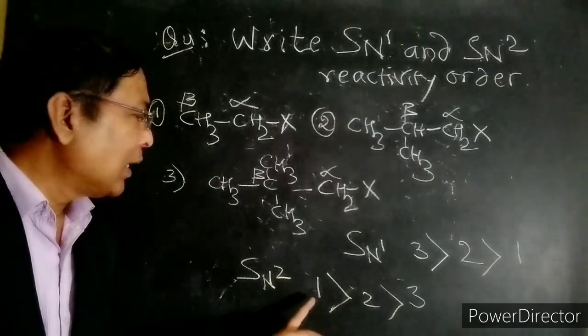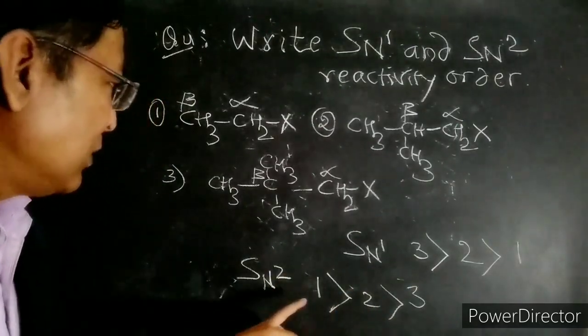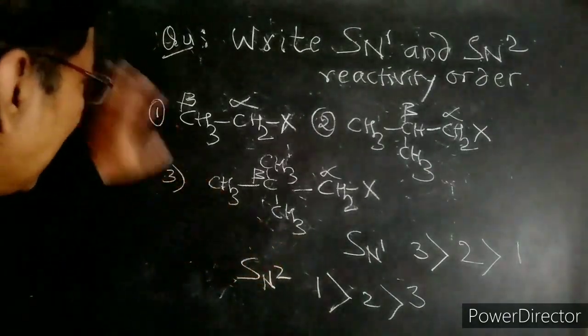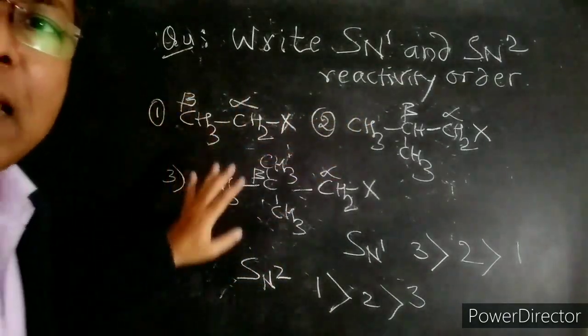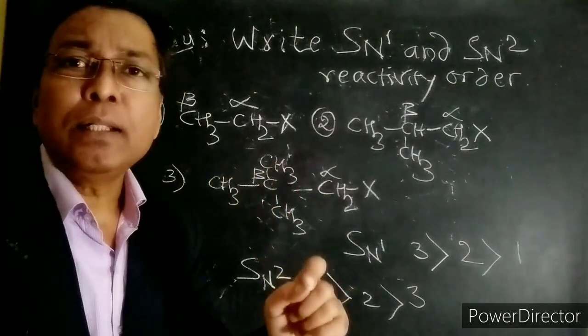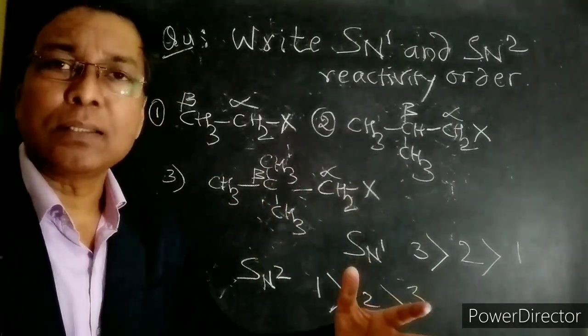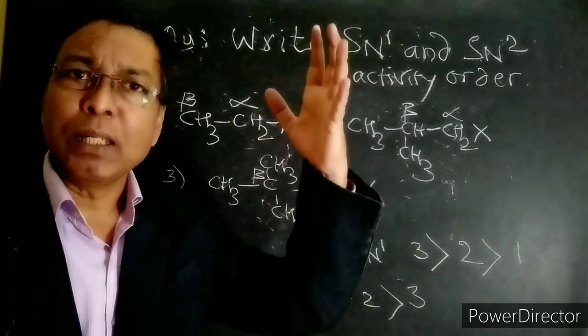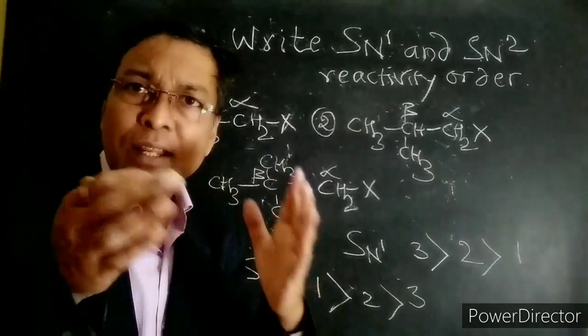So the reactivity order is 1, 2, 3 for SN2, and for SN1 3, 2, 1. Once again I repeat, as the beta branching increases, SN1 reactivity increases, and in case of SN2, as the beta branching increases, SN2 reactivity decreases.